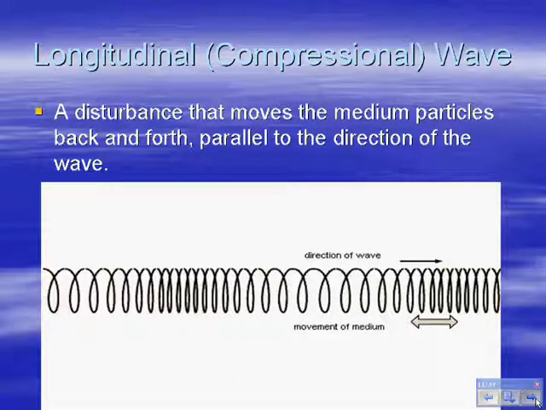And it's a disturbance that moves the medium particles back and forth, parallel to the direction of the wave. So if this is my particle here, just one little molecule of my slinky, that molecule is going to move back and forth.